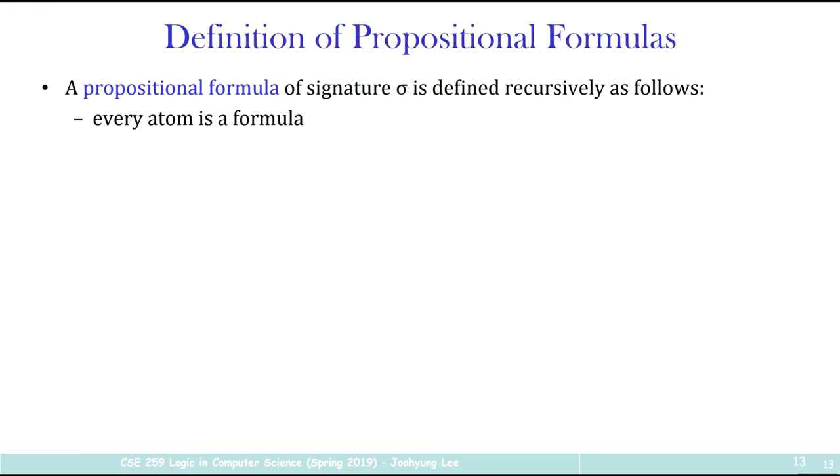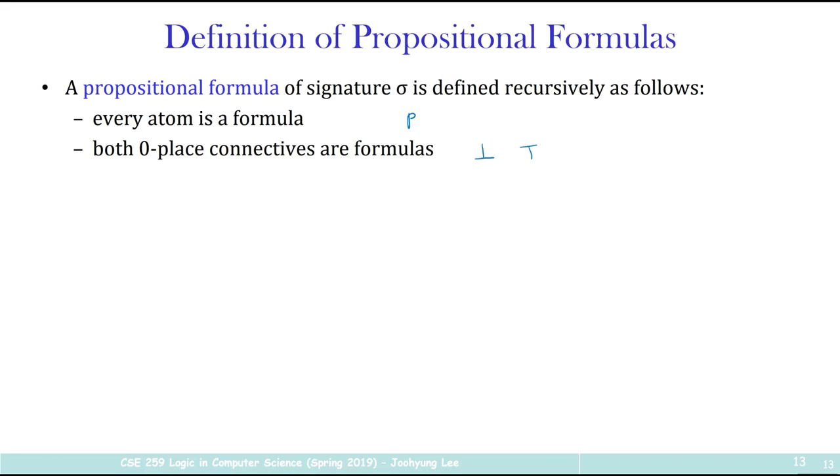First, any atom itself is a formula. So if your signature contains P, Q, R, you can just write P and claim that this is a formula. It's an atom, but it is also a formula. Both zero-place connectives are formulas too: in the previous slide, there were two zero-place connectives, bottom and top.